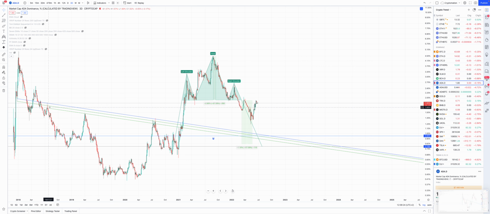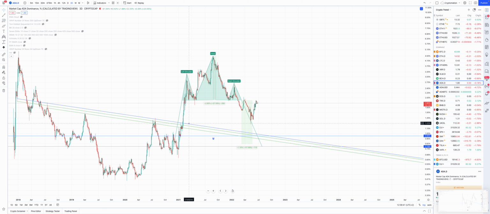We have this trend line zone where we could bounce from, and further below we have this horizontal zone where we could bounce from as well.